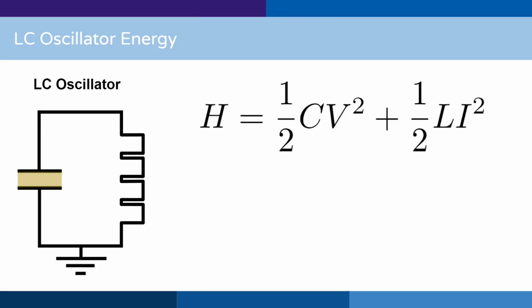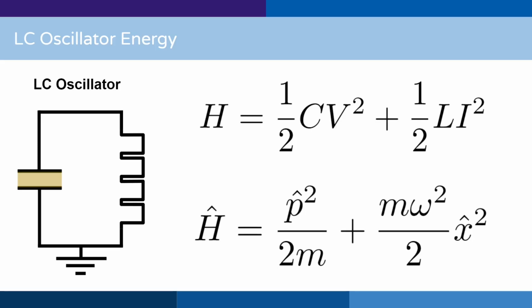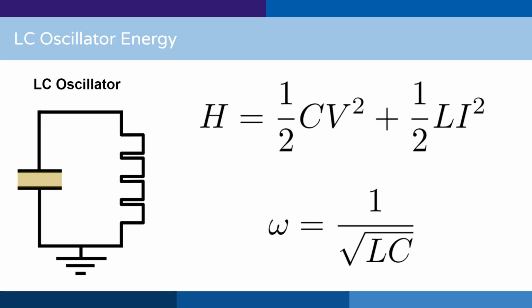Okay, and this Hamiltonian is very similar to this Hamiltonian, and the solution of this Hamiltonian is a harmonic oscillator, a quantum oscillator, with a frequency of 1 over the square root of LC. That is very well known in electronics and circuit theory.